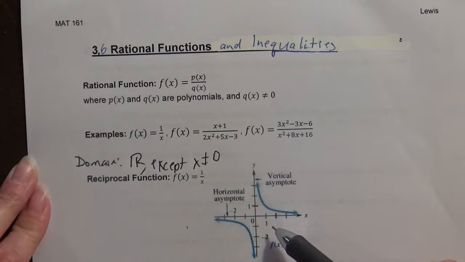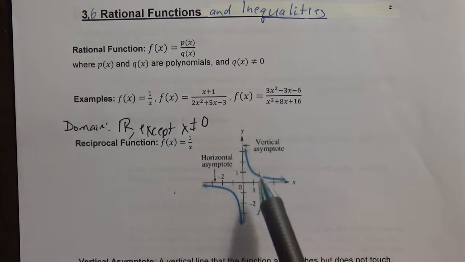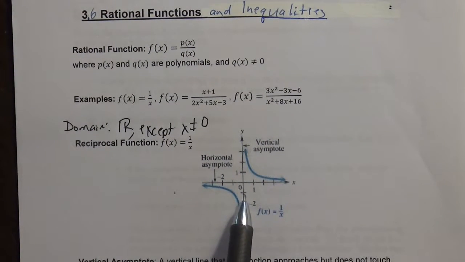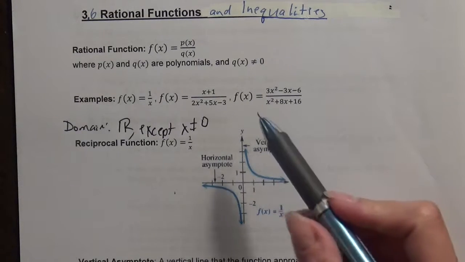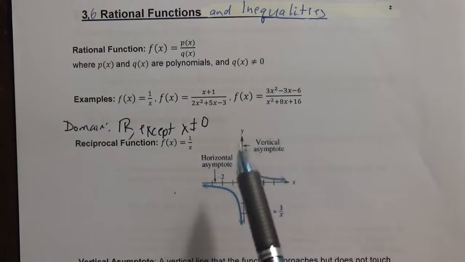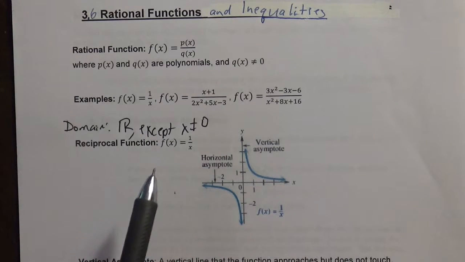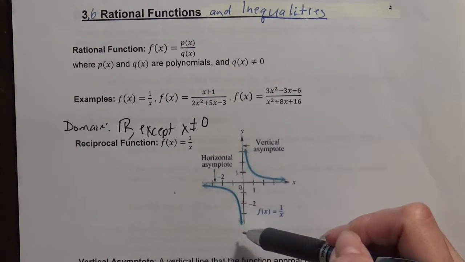That is indicated in the graph of this function. Notice there is no x value equal to 0 ever. If you go to 0 on the x-axis at the origin, there's no function value there. The domain restriction creates what we call a vertical asymptote in our graph.